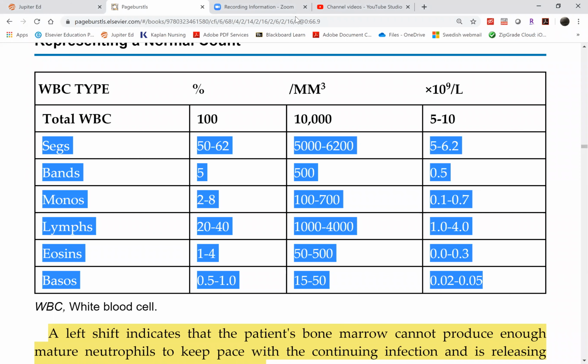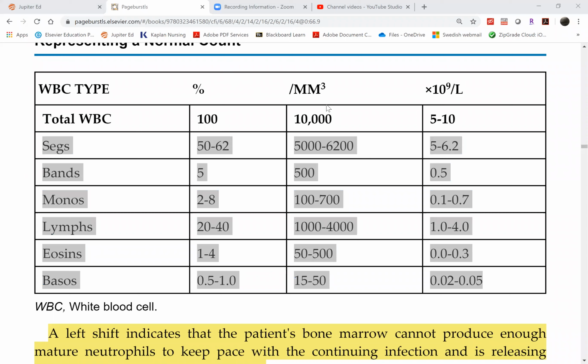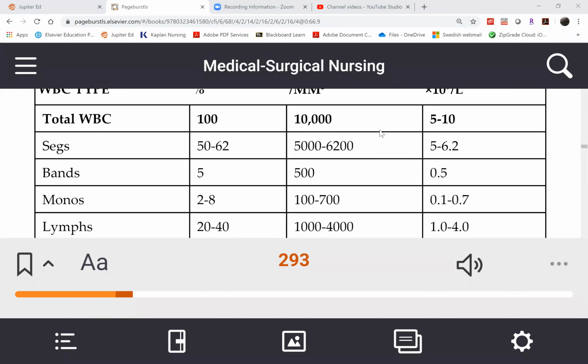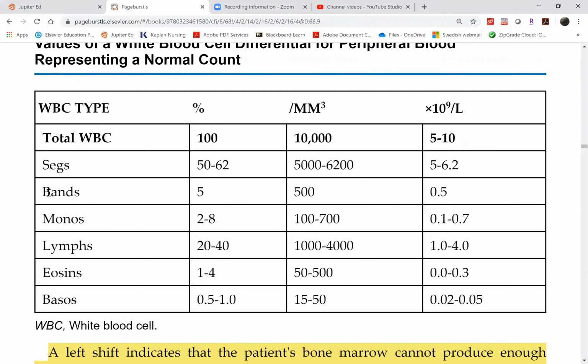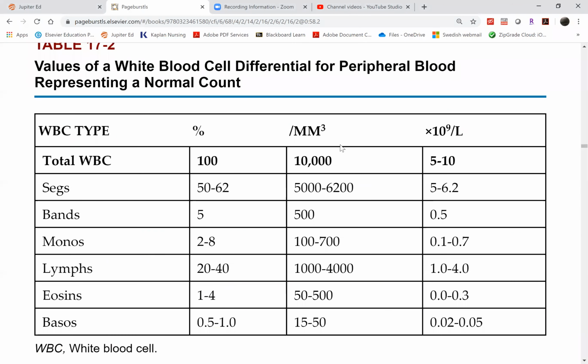It doesn't tell you what it is made of. When the doctor orders the CBC with differential count, then the lab scientist will count what this 10,000 total is composed of. So it is now expressed in percentage. If you add all these, this will total 100%. This is the normal distribution.